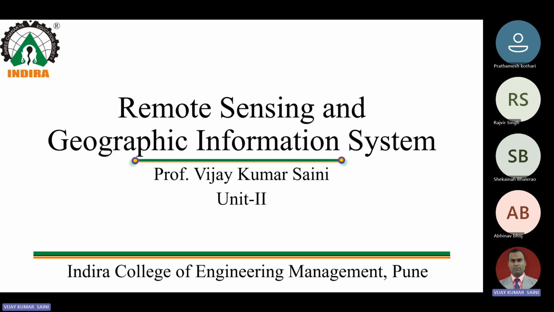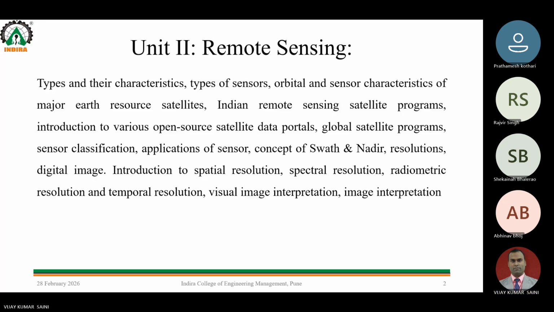Talking about this particular unit, this is the basic outline of it, in which we will be going through the various types and characteristics of remote sensing. Secondly, there will be different types of sensors, and we have the orbital and sensor characteristics of major Earth resource satellites.